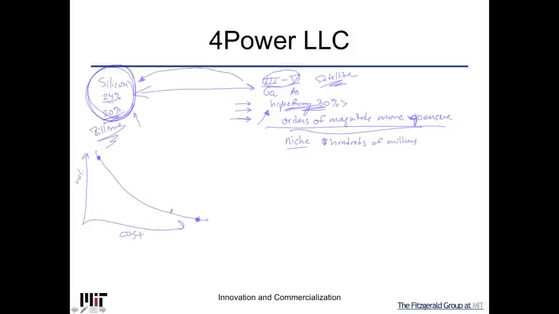So one of the early things we recognized is you have to start at this end and move in this direction. That is, you'll start off at high efficiency, but you'll be more expensive. And as you grow your markets, you'll be able to hit more markets. And, you know, someday you could be at huge volume, but that's not really that relevant.